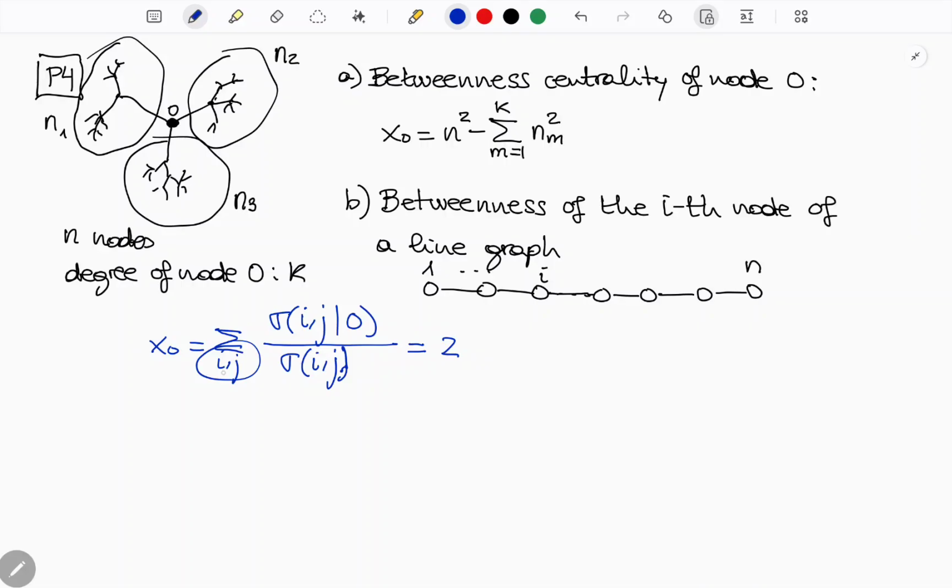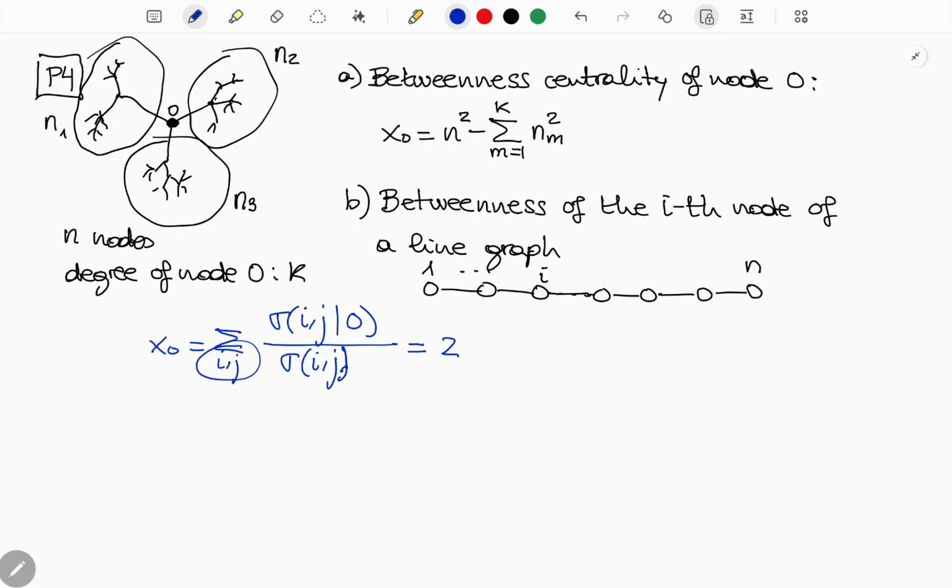So that means that I'm going to count every pair twice, because I'm going to count this one, but I am also going to count this one, and the same goes for the denominator.